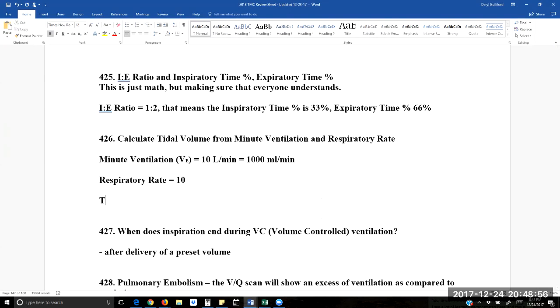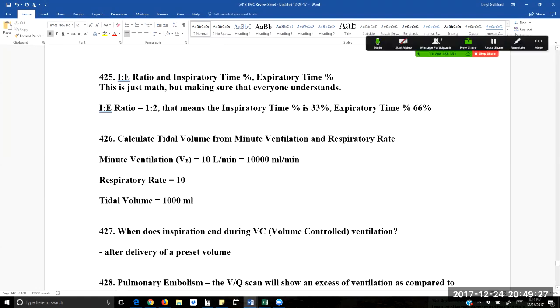So tidal volume, you've got 1,000 milliliters per minute, rate of 10. Wait a minute, that's not right. 10 liters is 10,000 milliliters per minute. Rate of 10, tidal volume is 1,000. There we go. Which is a big tidal volume, but at least it gives you the example.